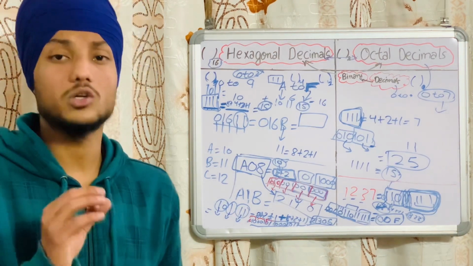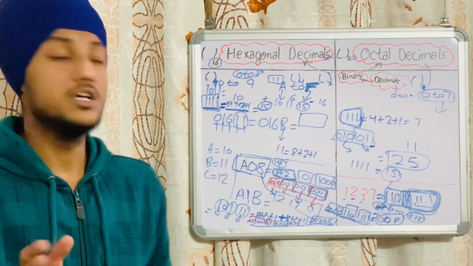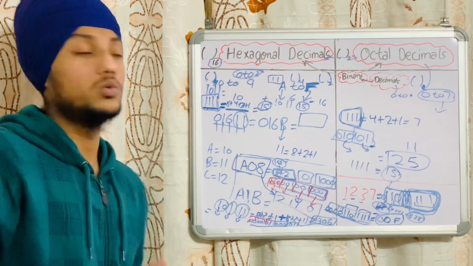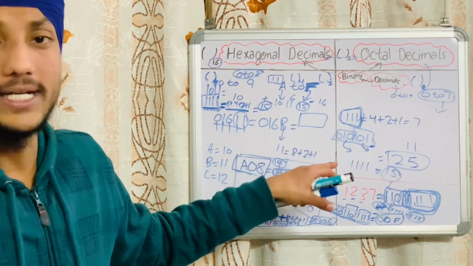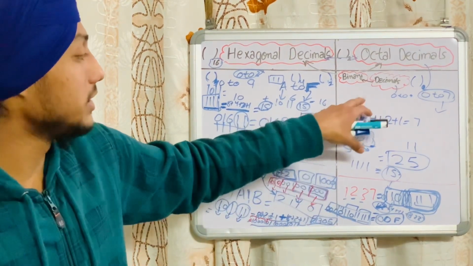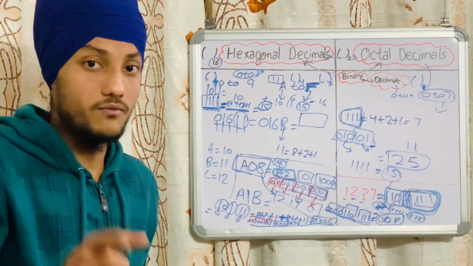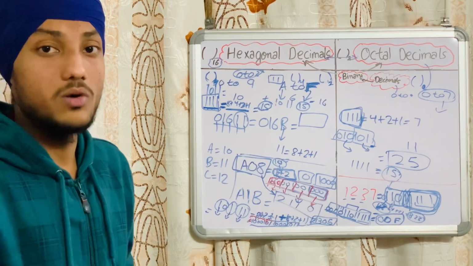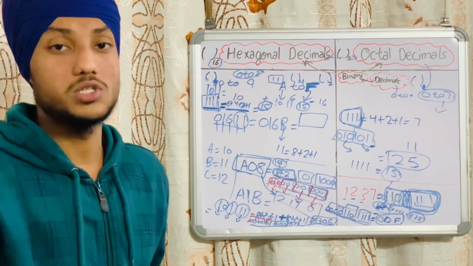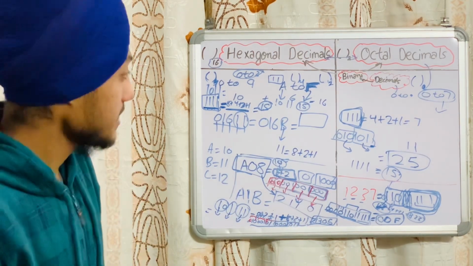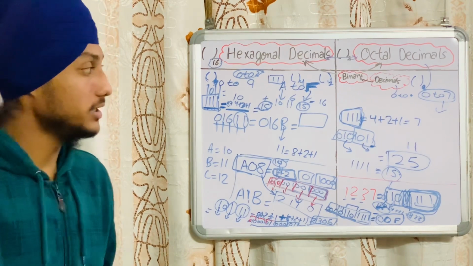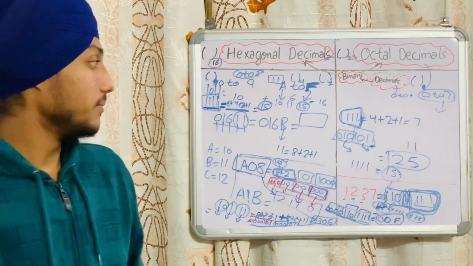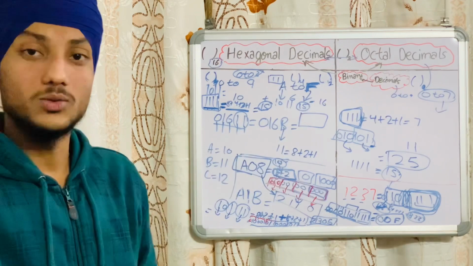In decimals, we do 0 to 9 only, because we don't want to pronounce 10 there; we pronounce 10 in either octal or hexadecimal. In hexadecimal we have introduced our alphabets. So this is how we convert from binary to any system.